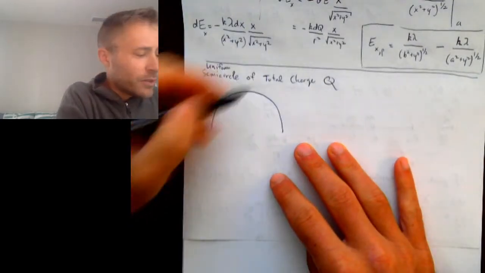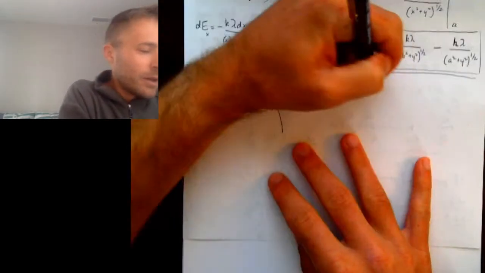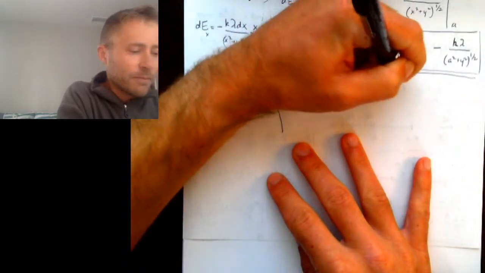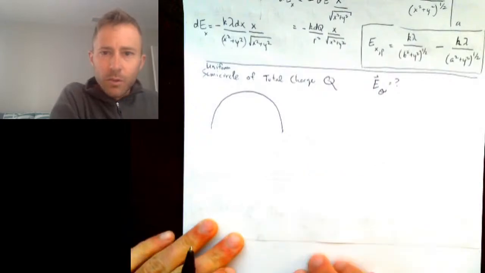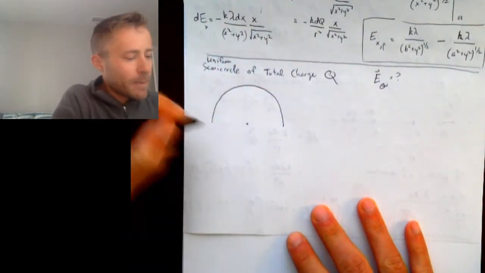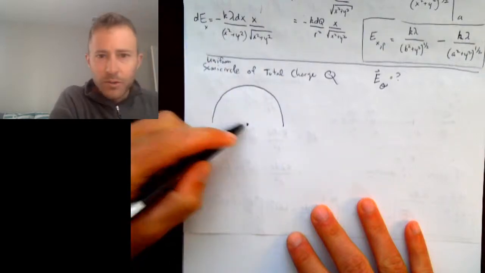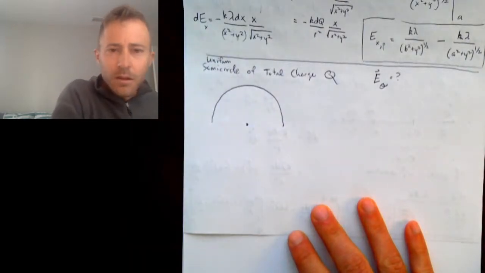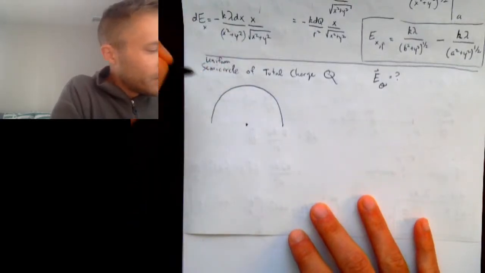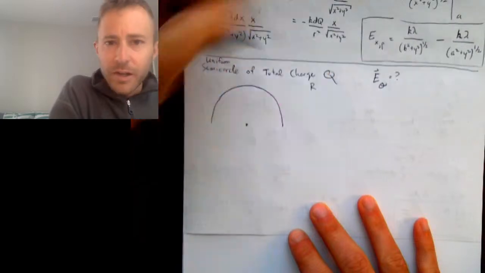This has a total charge Q, and we want to know what is the electric field at the origin. The origin is right there, at the center. And we will say that this has a radius r.